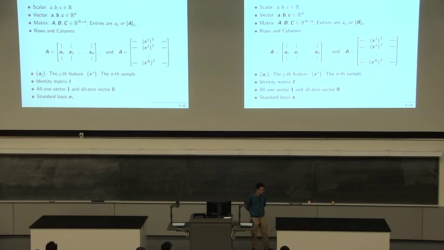Okay, so just some very simple introduction of the notations. I am going to use the following set of symbols. If I'm going to describe a scalar, they will be small letters a, b, c, and they're all in the real space R. If they're vectors, I will use bold letters.